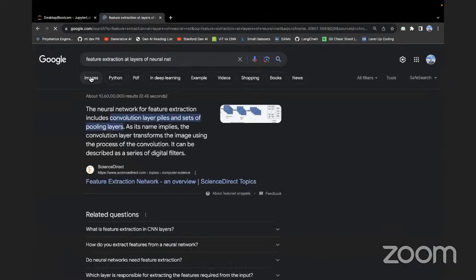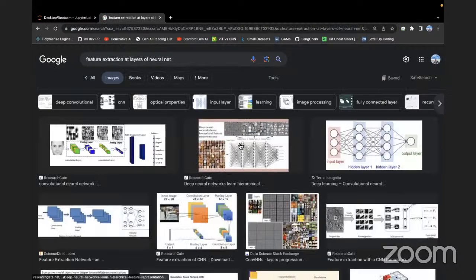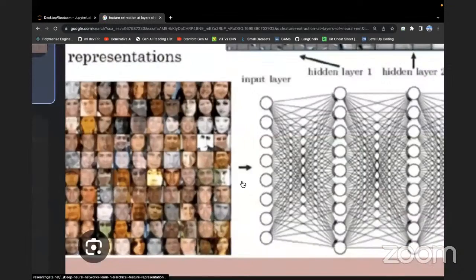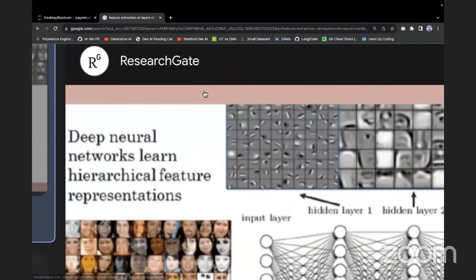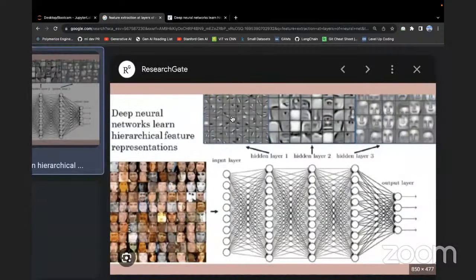Let's look at an image. See this, very interesting. When it is looking at a human image, the initial layers are responsible for identifying shapes: straight lines, curved lines, diagonal lines.